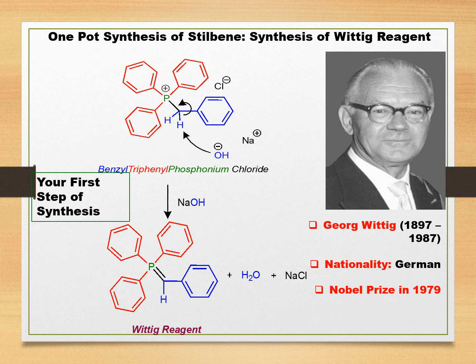And this is the first step in the synthesis of stilbene. The scientist who developed this is called Wittig, so the reagent is named after the scientist himself, and he won a Nobel Prize in chemistry in 1979 because of this work.